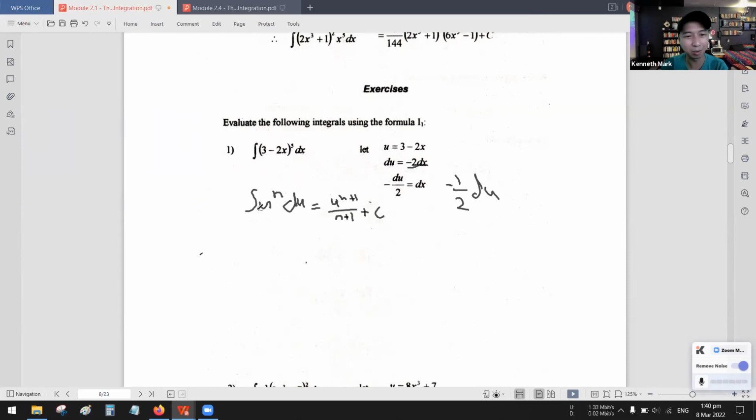So, anong next step natin after dito? Gagamitin na natin to. Yung n natin is 5, diba? So, that is integral of u raised to 5 du, or that is equal to u raised to 6 over 6 plus c. Tama ba? Tama hindi?